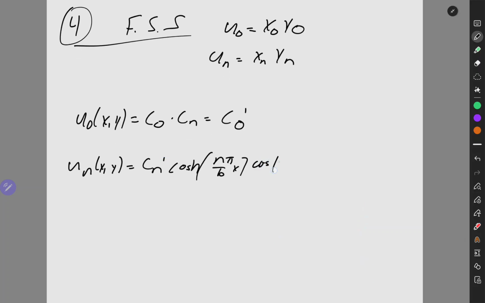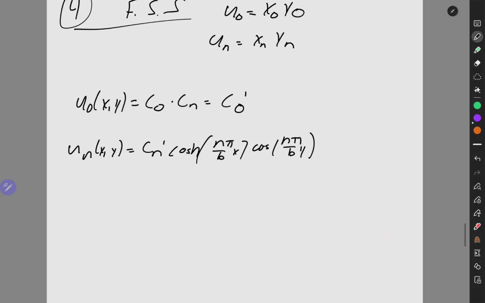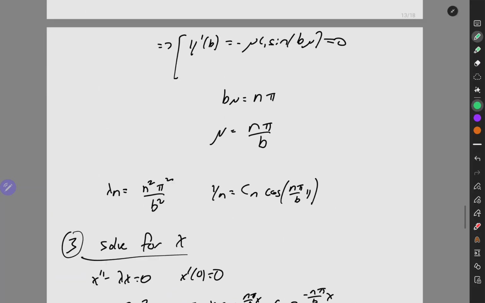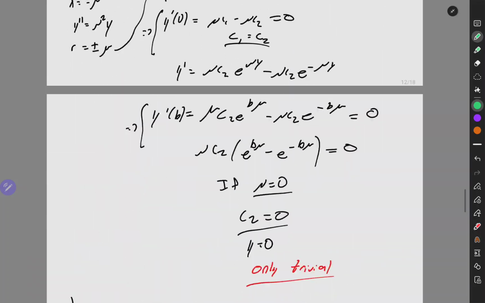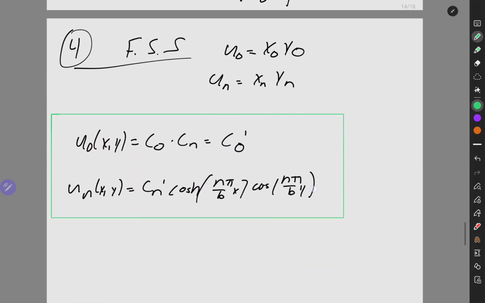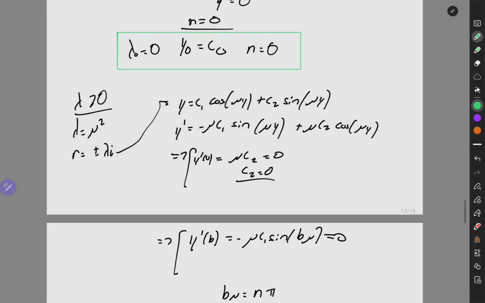This would be prime as well, because the constants combine from the multiplication. This is our fundamental set of solutions. This is the answer to part A that it wanted. Right? Cosh times cosine. Perfect. Now, what does it want for part B?